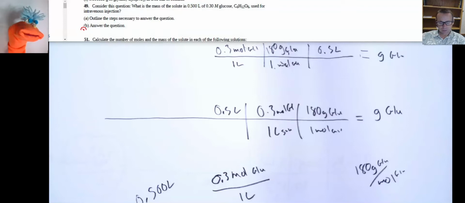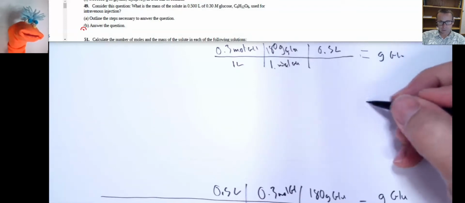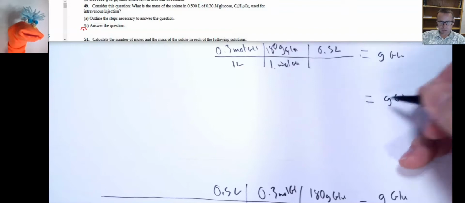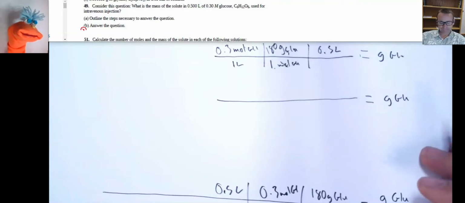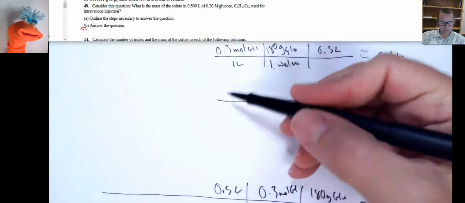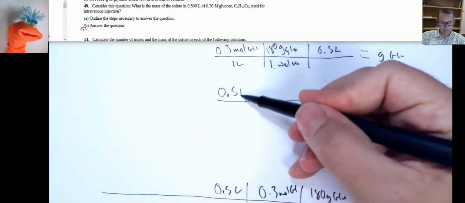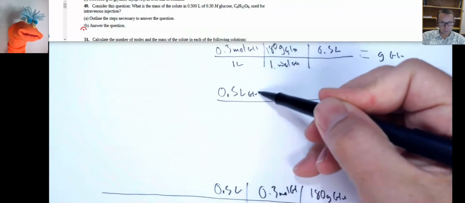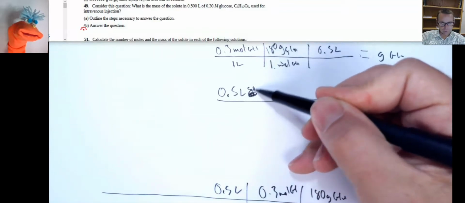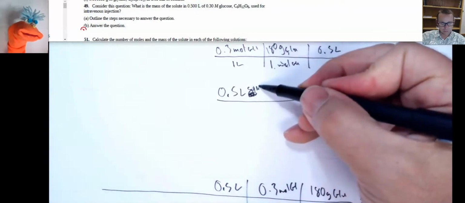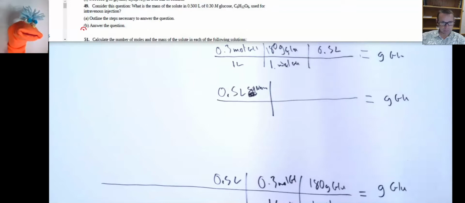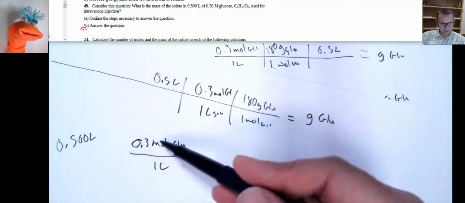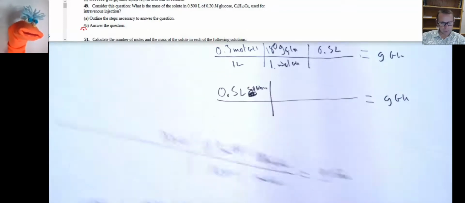All right. If you thought I want grams of glucose and I don't know where to start. I know I have a half a liter of the glucose solution. Then that might prompt you to think, I know that there's 0.3 moles for every liter.